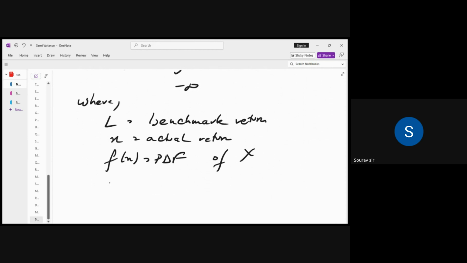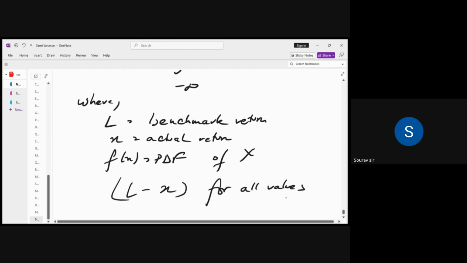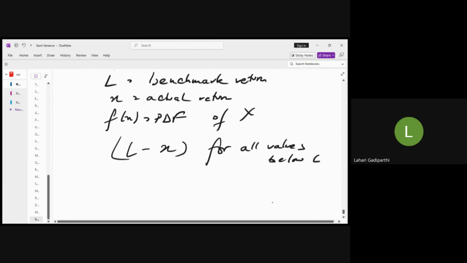The integral accumulates the difference between L and the actual return X, for all values below L, weighted by the probability.